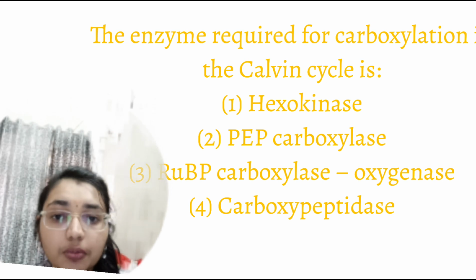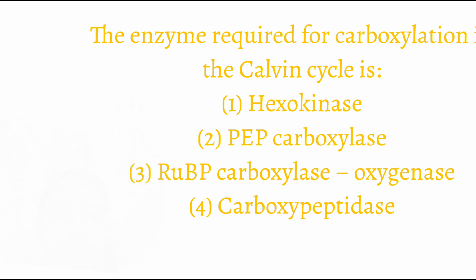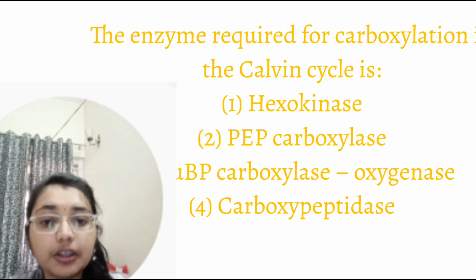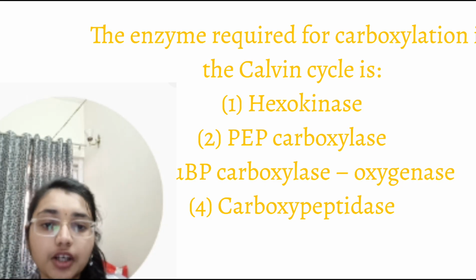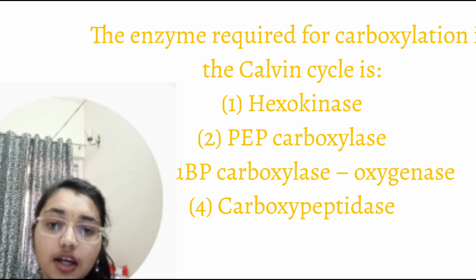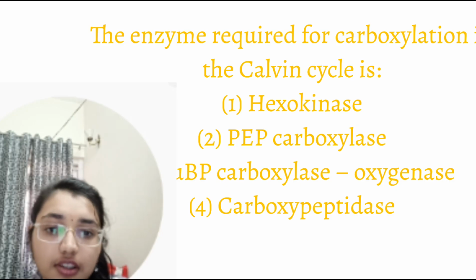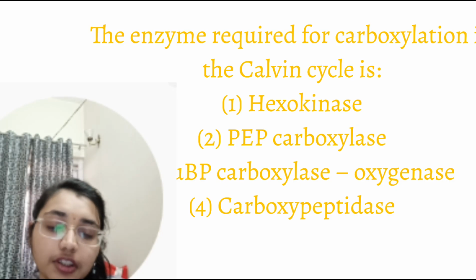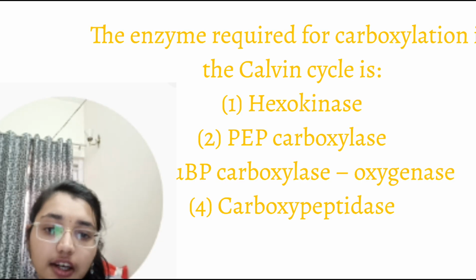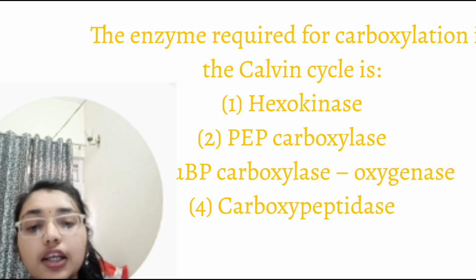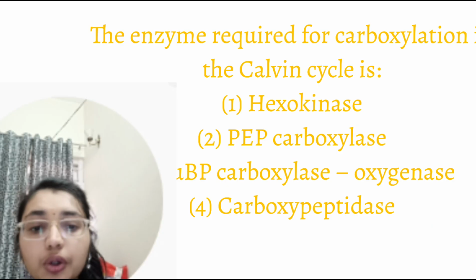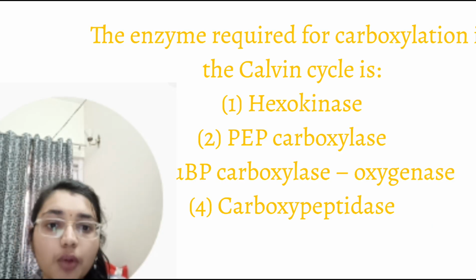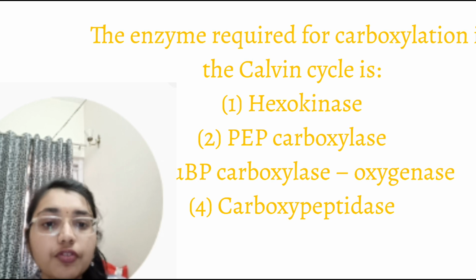So the correct option is RuBP carboxylase oxygenase. It is the most abundant enzyme on the earth, and it catalyzes the carboxylation reaction in the Calvin cycle by fixing CO2 to RuBP, that is ribulose 1,5-bisphosphate, and that forms two molecules of 3-PGA.